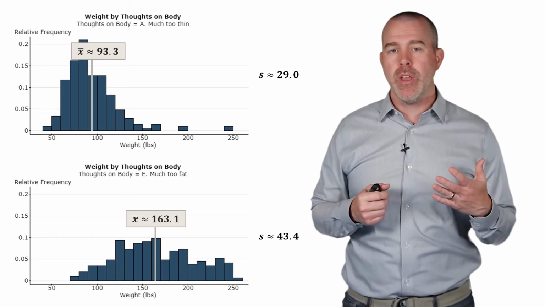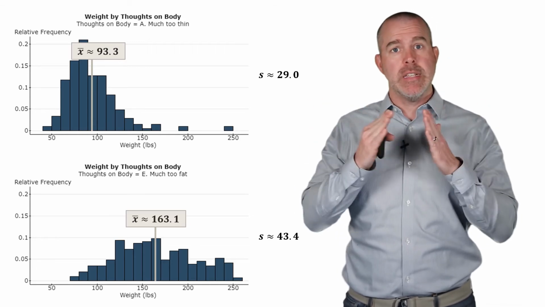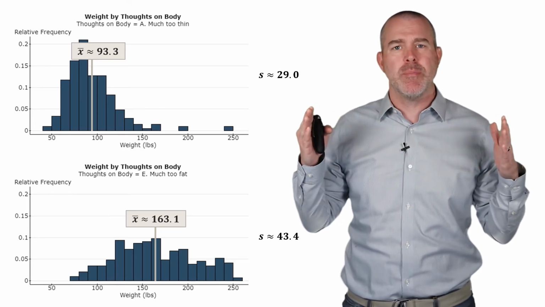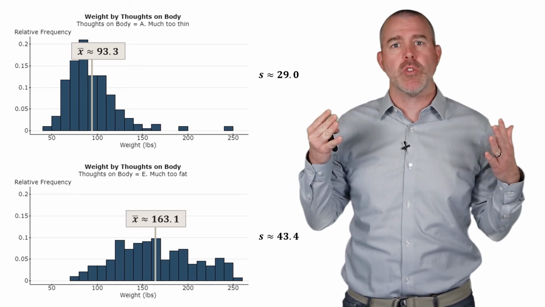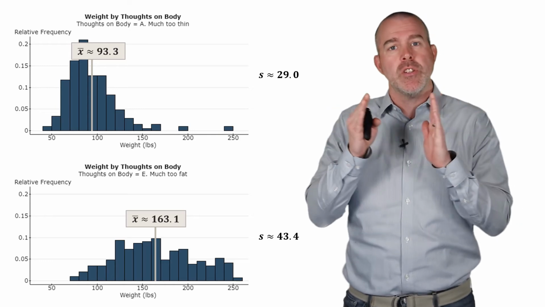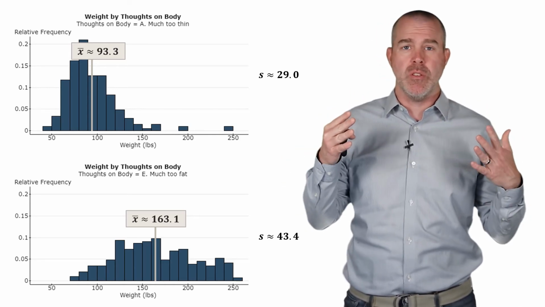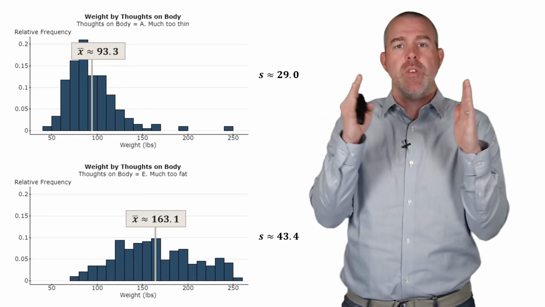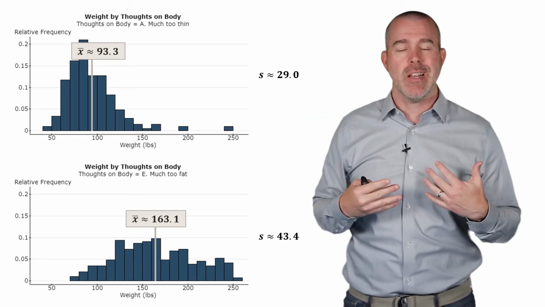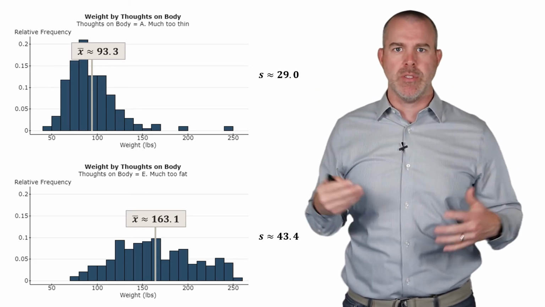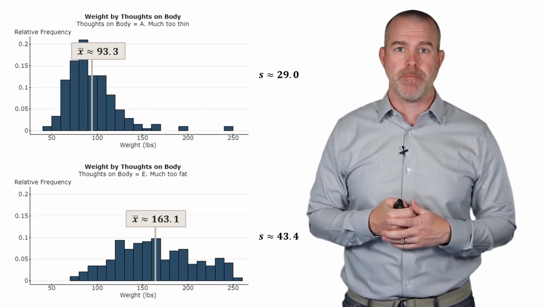So not only are the means different, but the spreads are different. Again, the standard deviation is about how far the typical observation is from the mean. It's about spread. The ones who feel they're much too thin, because that's their own opinion, are more condensed than those who feel about themselves that they are much too fat.